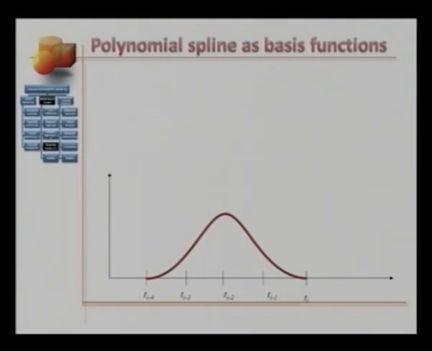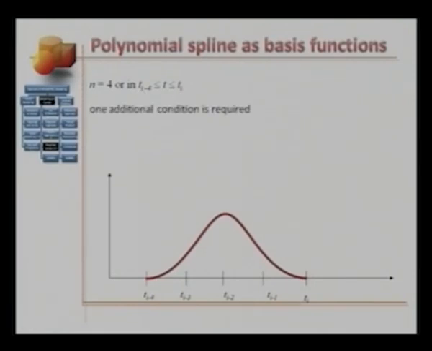Now let's try to construct a cubic basis spline over the 4 knot spans. Here n is equal to 4 and the knot span spans from Ti minus 4 to Ti.